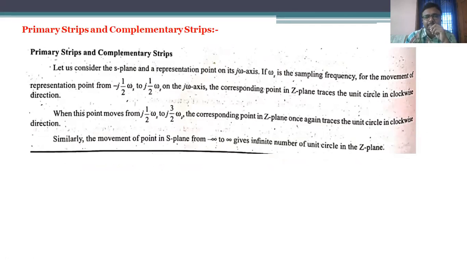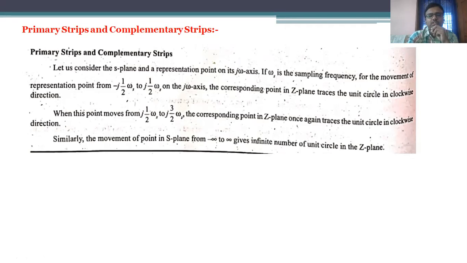Similarly, when this portion moves from j omega s divided by 2 to 3 by 2 j omega s, the corresponding point of the j omega axis once again traces in the clockwise direction.